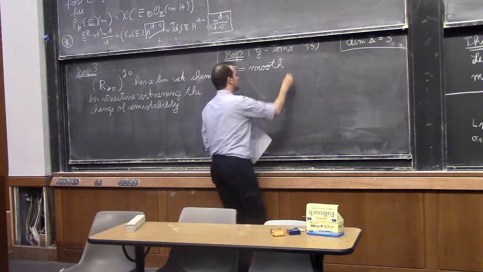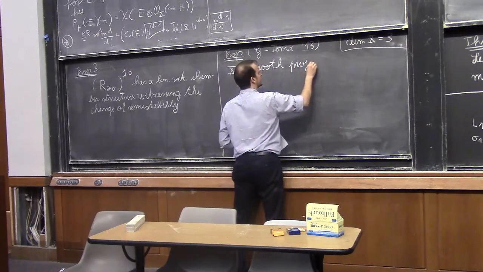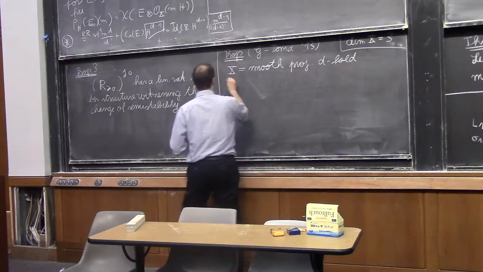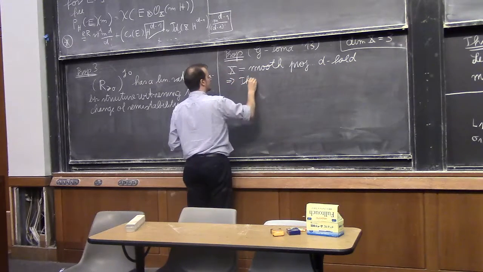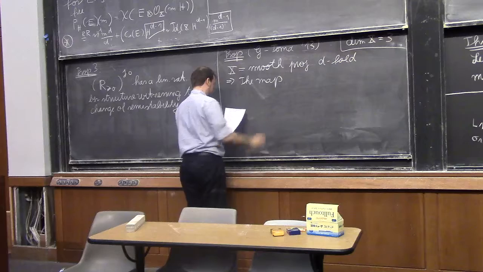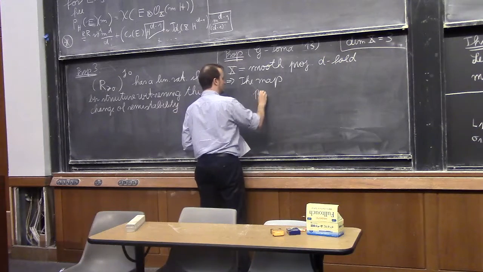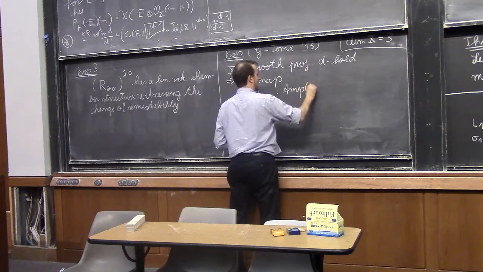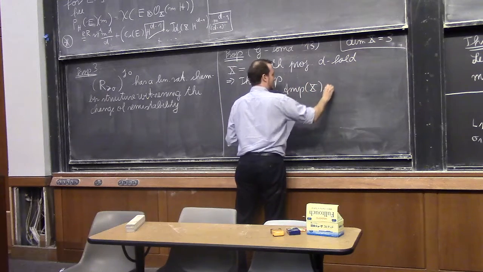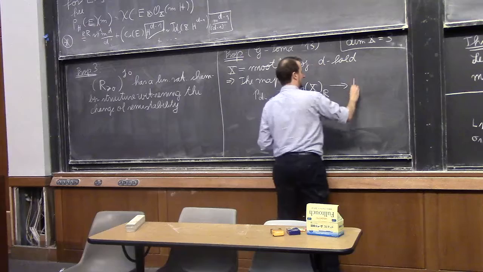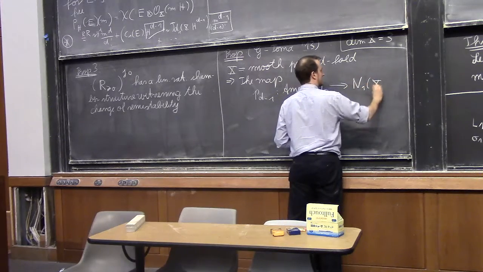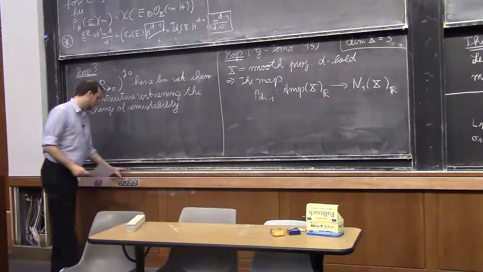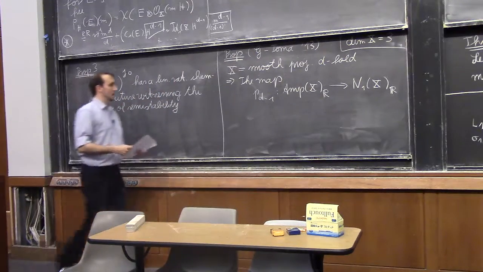So if you look at a smooth projective d-fold, then the map which takes, let's call this P d minus 1, an ample class into N1 X sub R, so these are curve classes, and okay, what can you do?